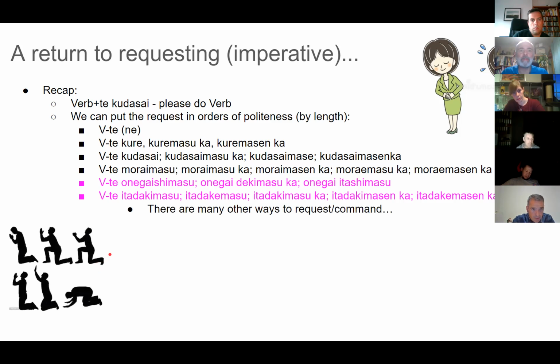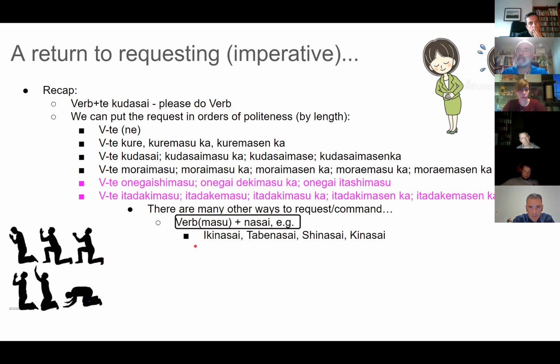There are many other ways to make requests and commands. For example, we put the verb into the masu form, remove the masu and just put nasai in its place. For example, iku becomes ikimasu, becomes ikinasai.